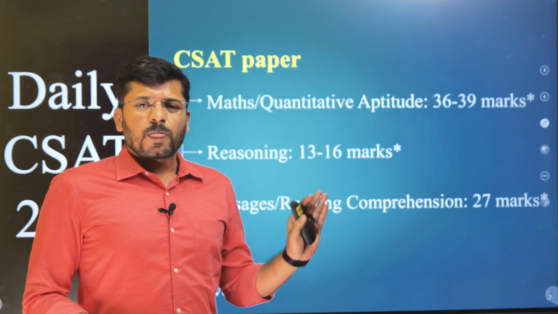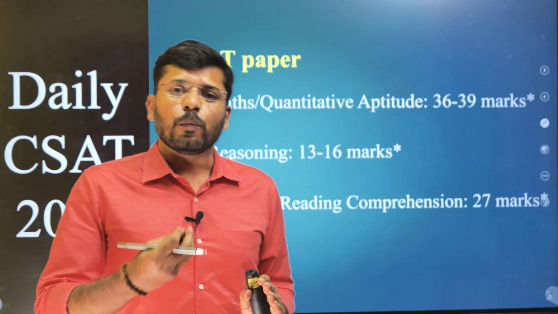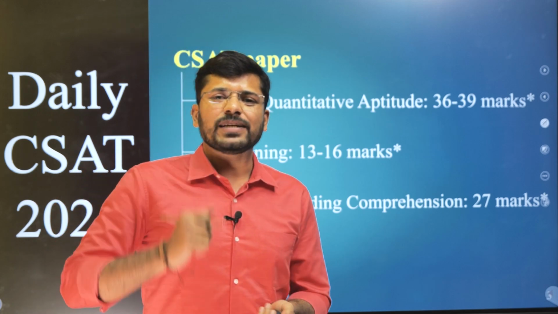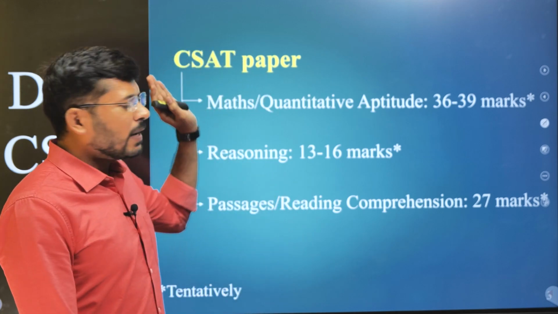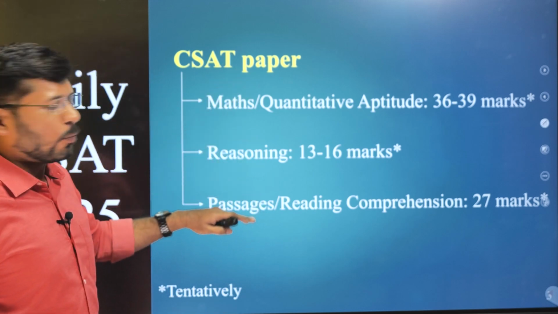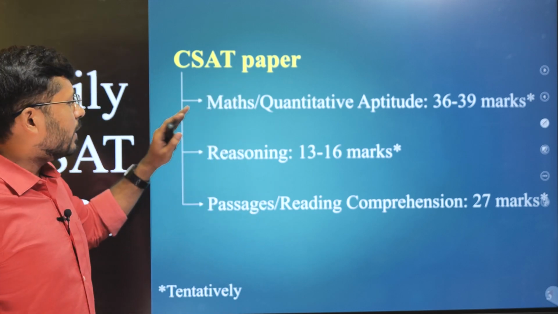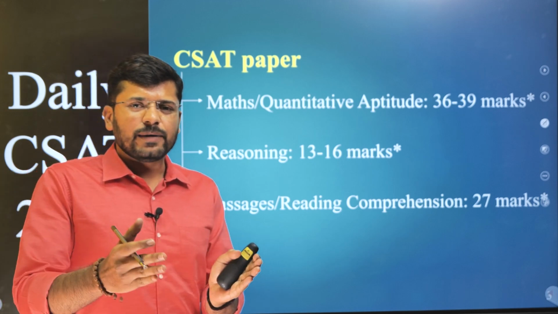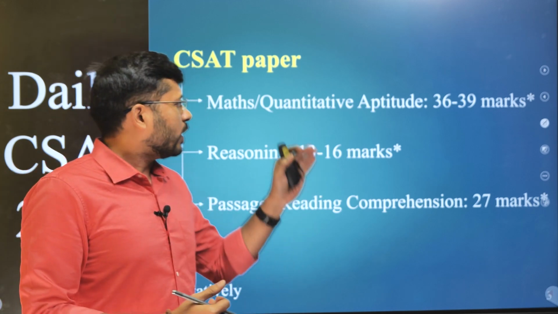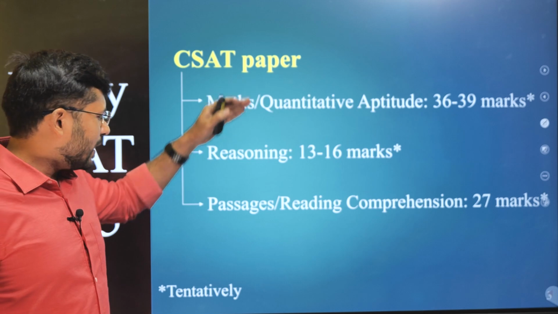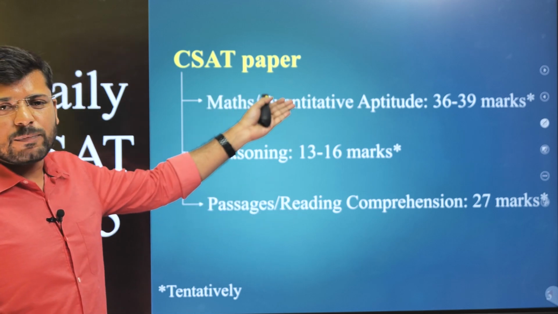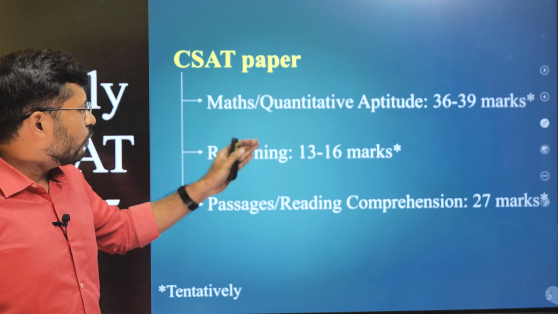Before talking about approach, we will see what the CSAT paper actually comprises. It comprises mainly 3 topics, 3 sections. They are not individually marked. For example, your first question might be on maths, the second question might be a passage, the third again might be maths, then the fourth question might be reasoning.